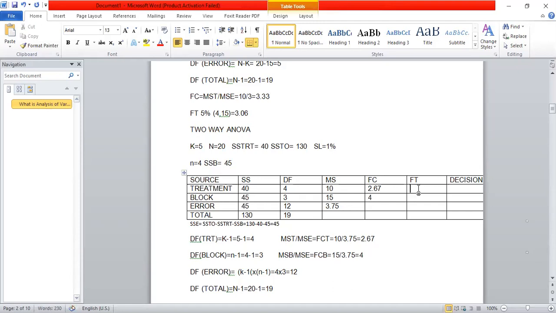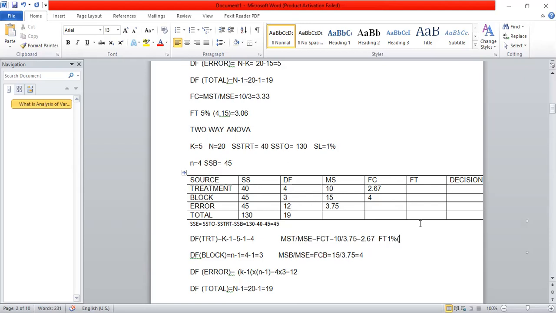Then we need to read the F tabulated for the treatment and for the block separately. So the F tabulated will be at 1%. And what are the coordinates for the treatment? Usually against the error. So the degree of freedom for the treatment over error.